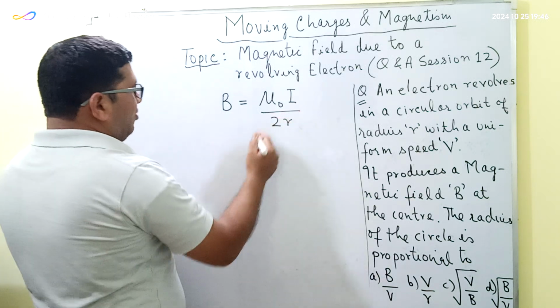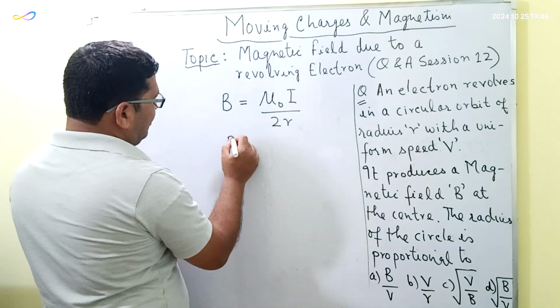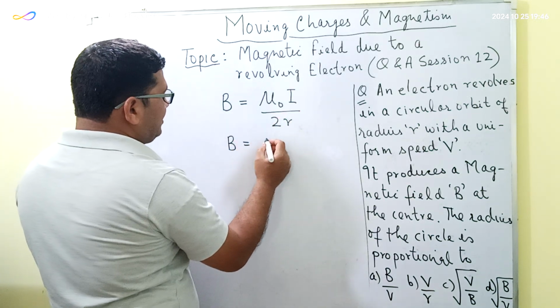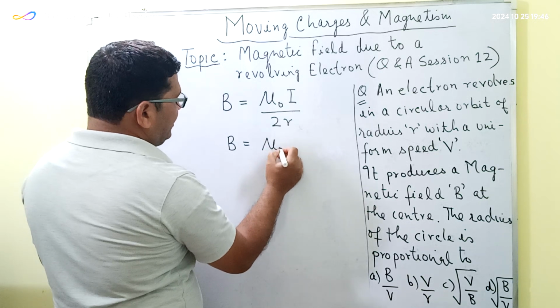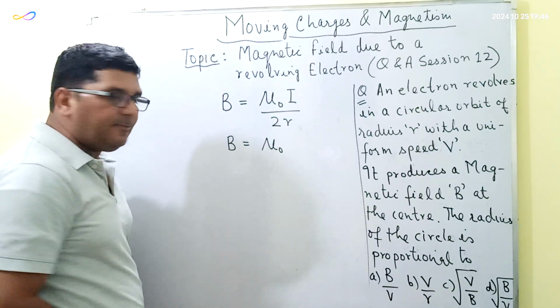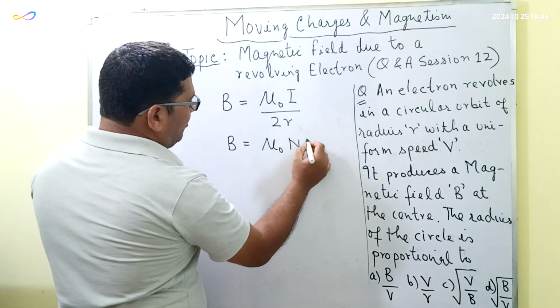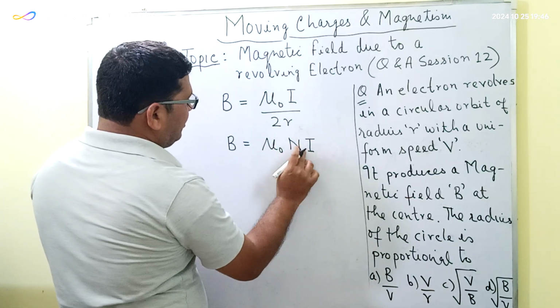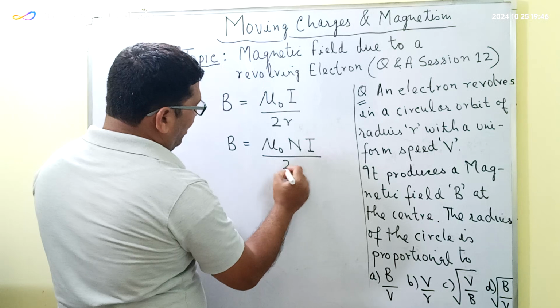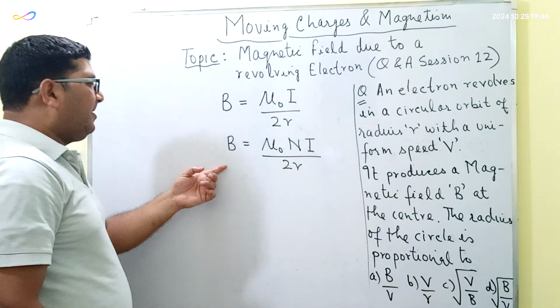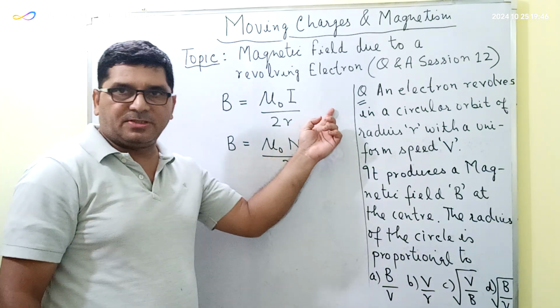If the coil has N turns, then the magnetic field at the center will be mu naught N I upon 2r. This is the formula we derived in the previous session.